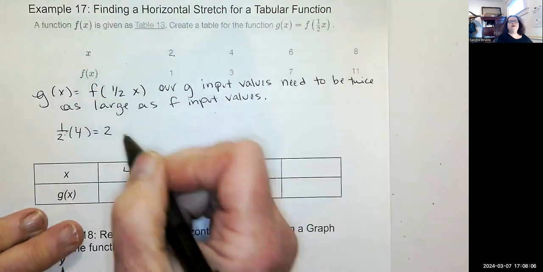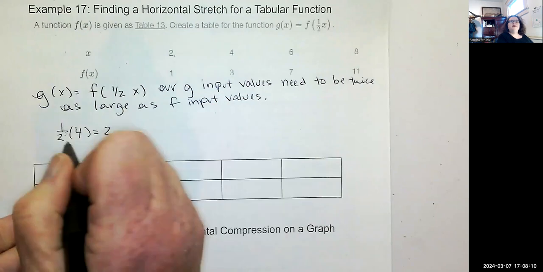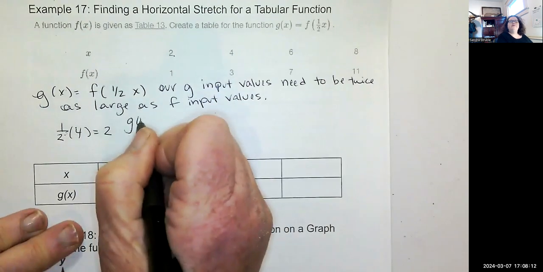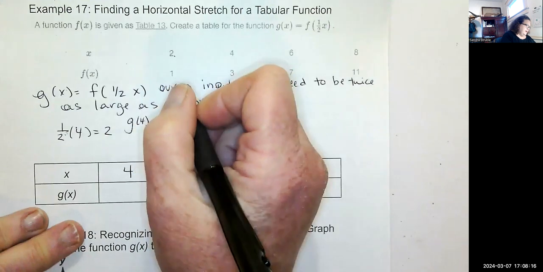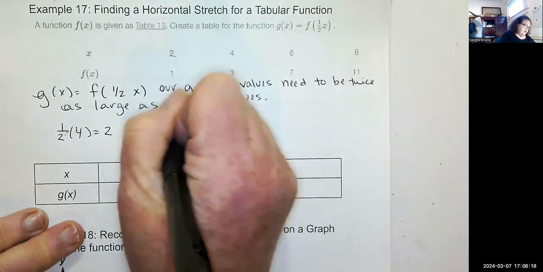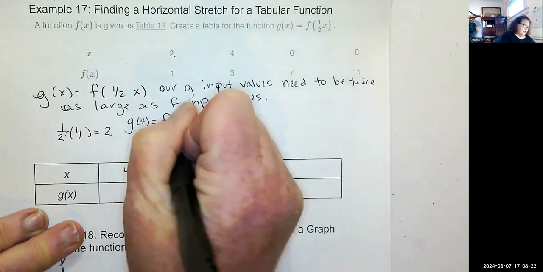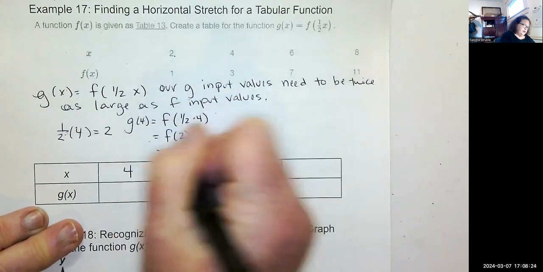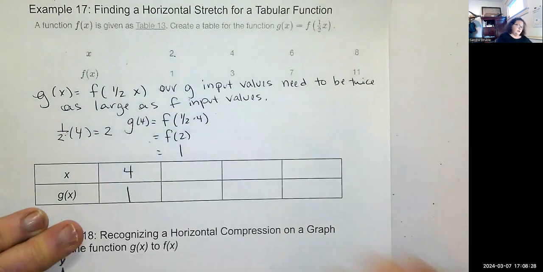So if half of 4 is equal to 2 and x is 4 for g, then g of 4 is equal to f of 1/2 times 4, which is f of 2, which is equal to 1. And this is the whole setup. So g of 4 is 1.